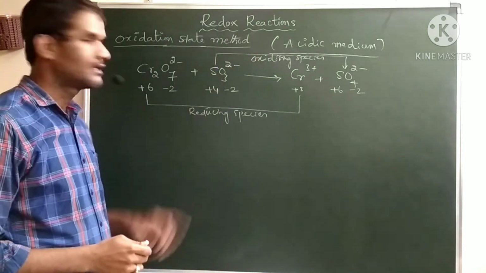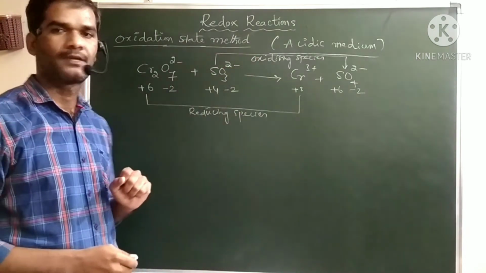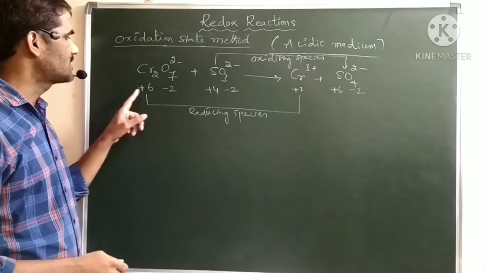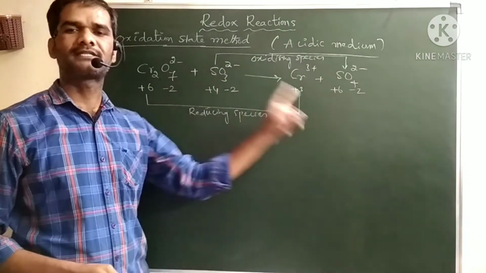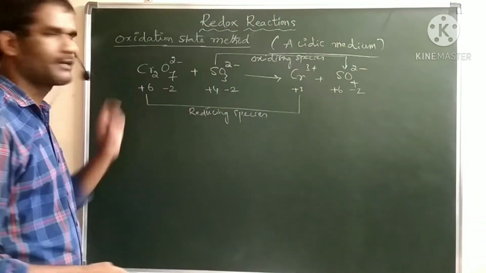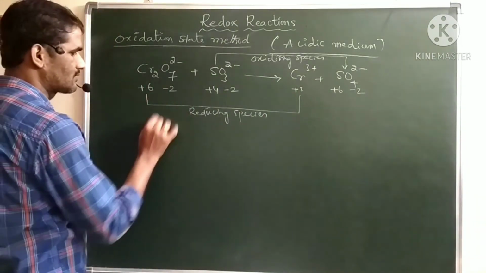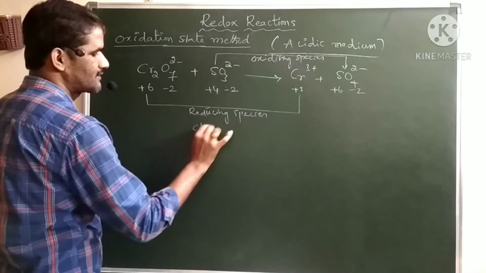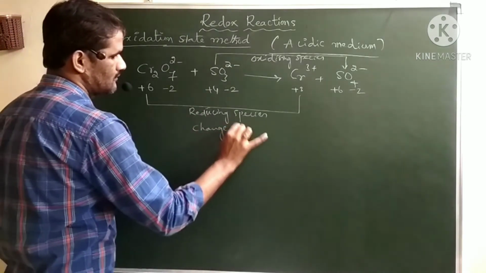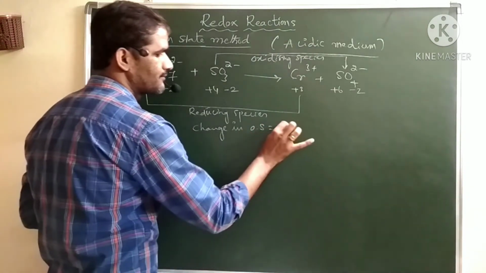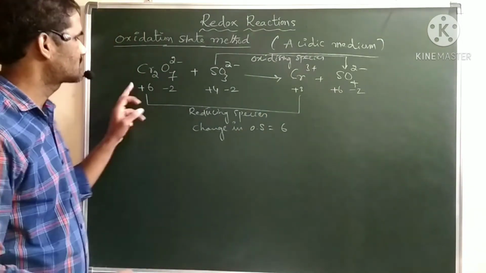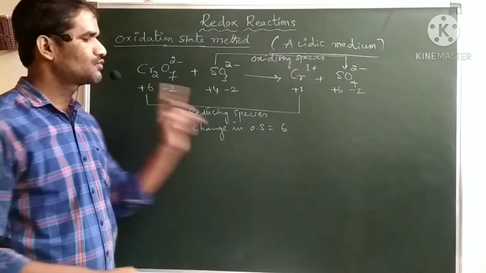So what we have to do? Find the change in oxidation state. What is the change in oxidation state? Chromium is changing from plus 6 to plus 3, so what is the change? 3. But here 2 chromiums are there. So the total change in oxidation state for the reducing species is 6. Why? Because for each chromium 3, and 2 chromiums are there.